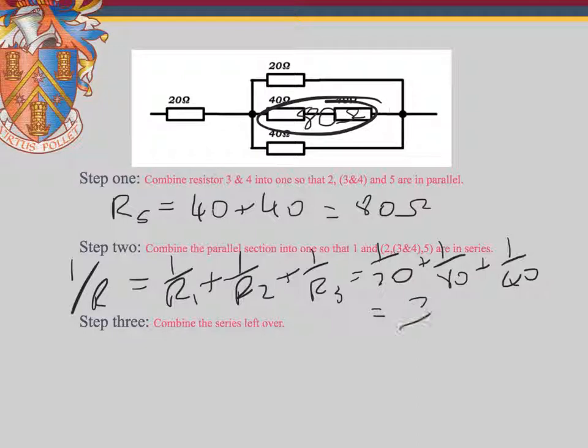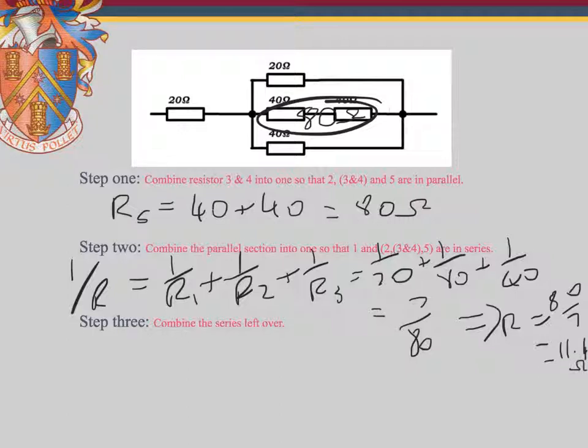So that's 7 over 80, and we want R, so that's just going to be 80 over 7. So that's about 11.4 ohms. Oops, running out of room, sorry.